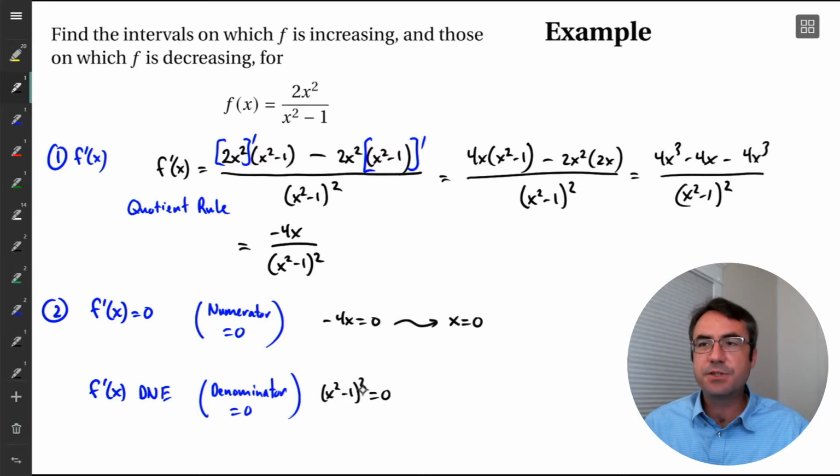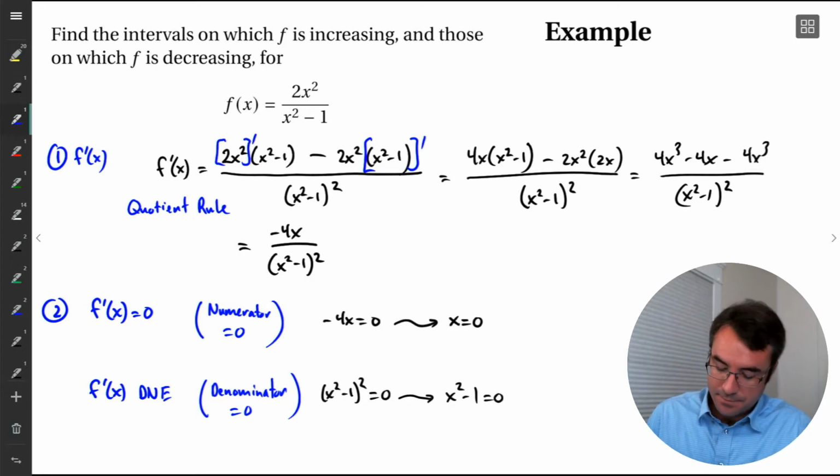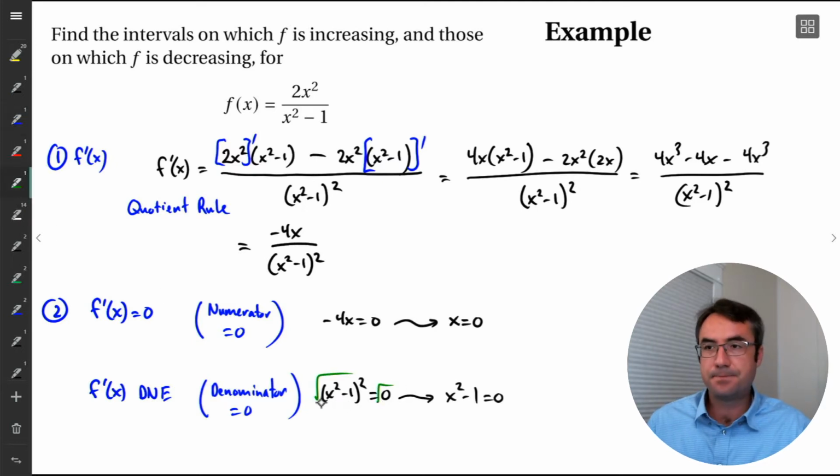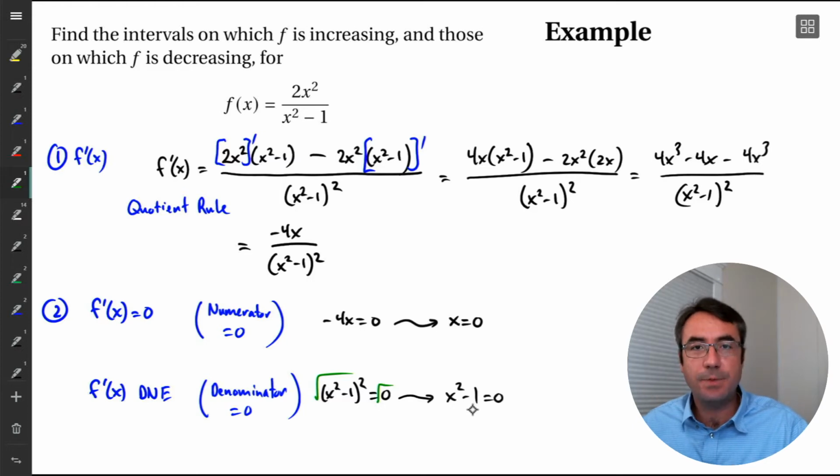The only way you can square something and get 0 is if it was 0 to begin with. So the term inside the parentheses here, x squared minus 1, has to be equal to 0. Another way to see that, just apply the square root to both sides. Square root cancels the squared, and then square root of 0 is 0. Okay, so x squared minus 1 could be 0.